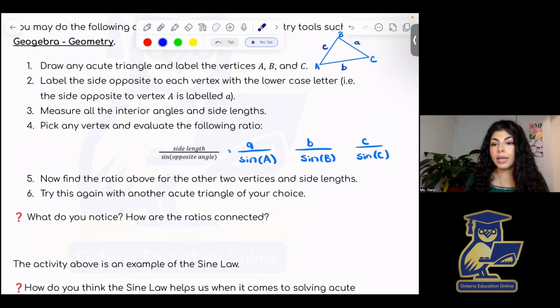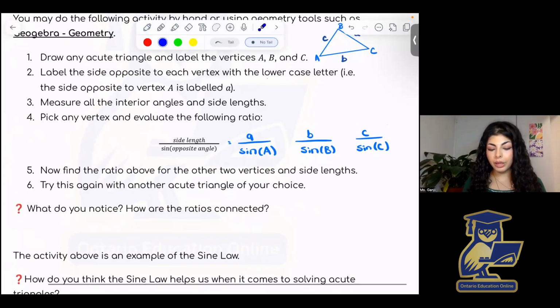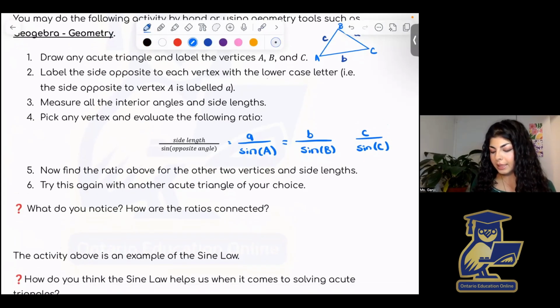And you can now even try with any other acute triangle. You can just draw another one and try this again to measure all the angles and the side lengths, especially if you are using a geometry tool online. That should be really easy to do. And I want you to think, what do you notice and how are the ratios connected? And you should be able to see that in fact all of these three ratios are the same.